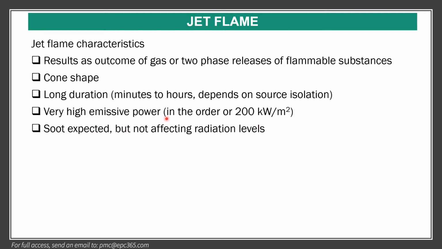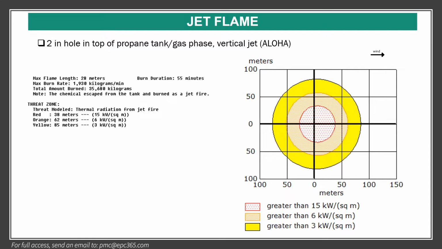Very high emission power, 200 kilowatt per square meter, and soot expected but not affecting radiation level. But this is normally for the design. Certain project they take it as a 300 kilowatt per square meter for jet fire and 200 for pool fire. But this is something that is from literature.